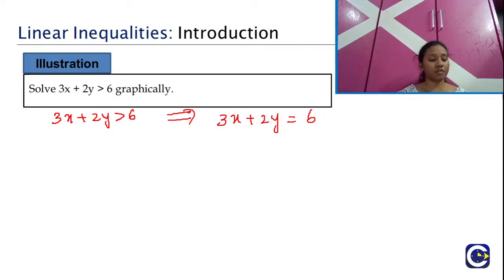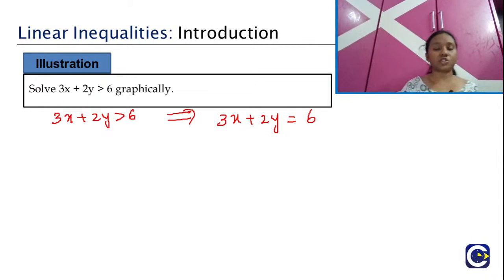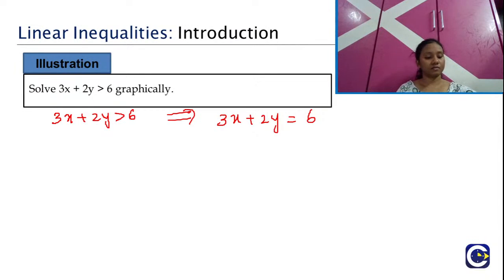Quickly plot the graph of this equation, guys. Equation of line 3x plus 2y is equal to 6. You can find two simple coordinates of points.